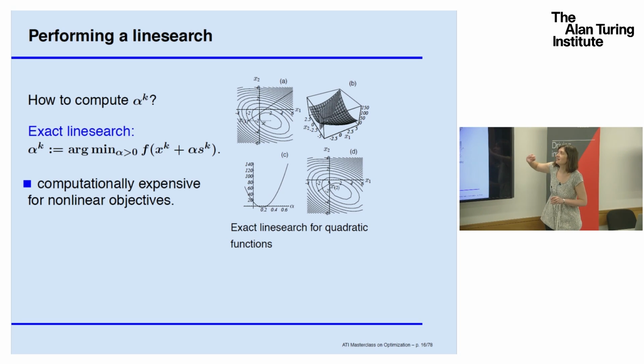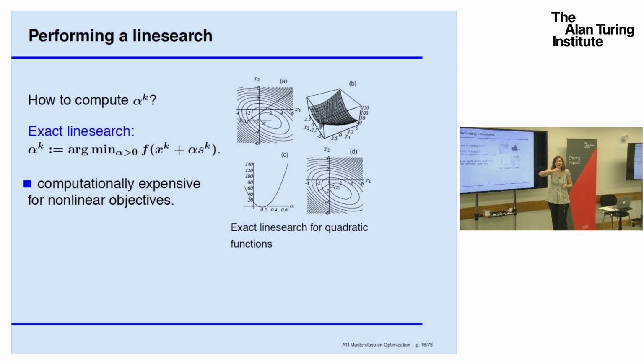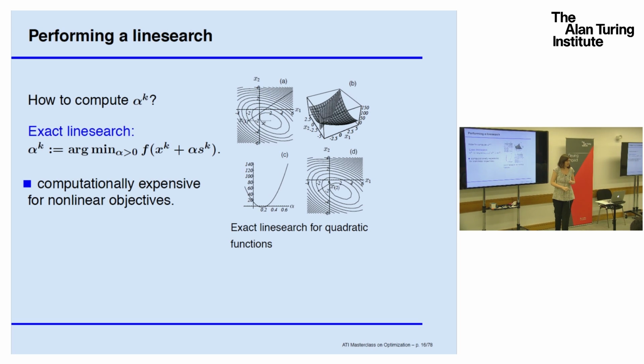So now let's think, how would I calculate this alpha k? Assume I have my Sk. Well, there is something called exact line search, which just means that I will actually minimize my function along my direction Sk. Here are contours of a quadratic. Here's my point, and here's my direction. Now I restrict my function along this direction, and I get this plane intersected with my surface, and I end up with this univariate function of alpha.